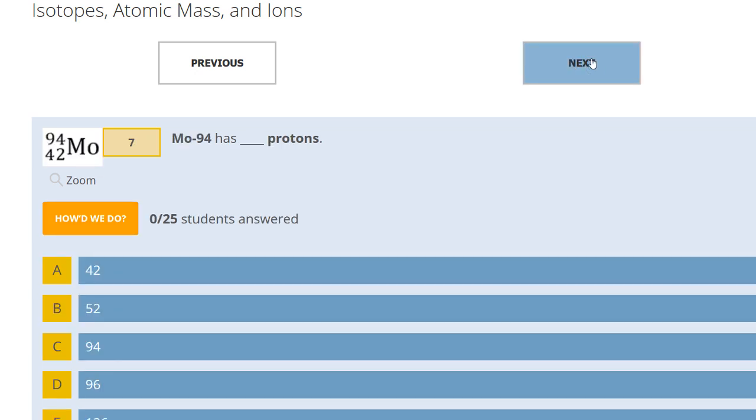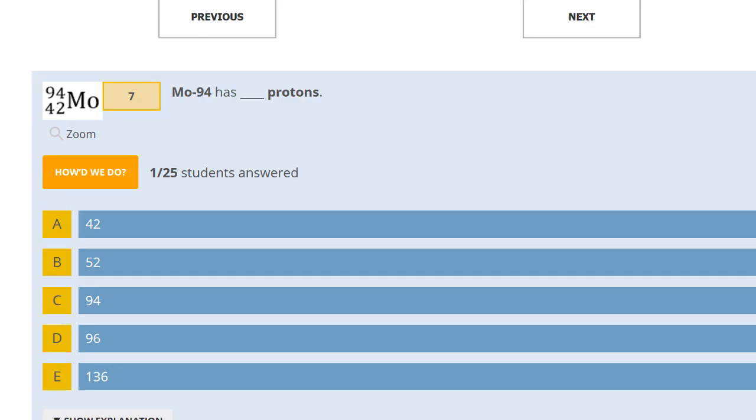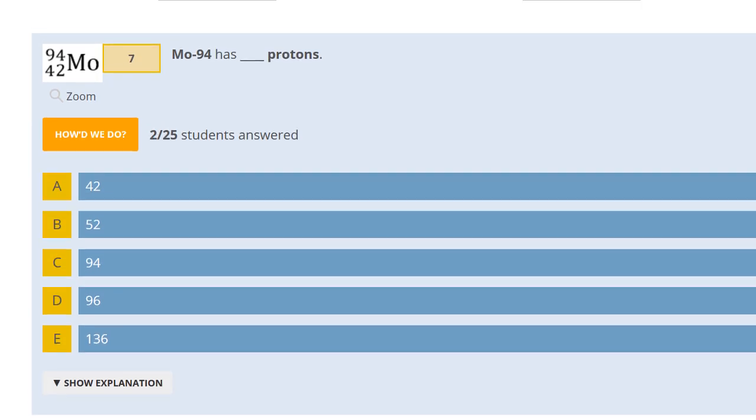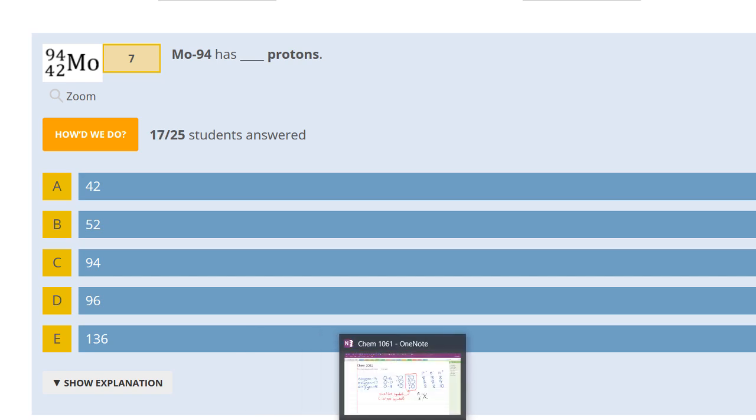Read carefully. Molybdenum 94 has how many protons? And we'll get our answers locked in here, please.